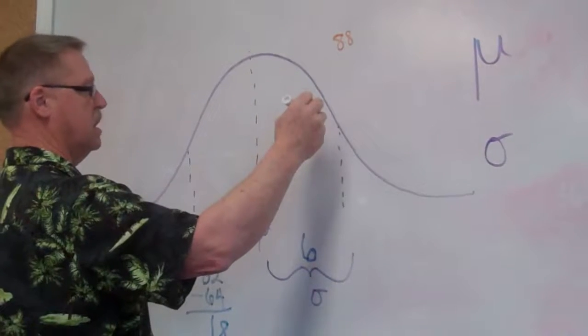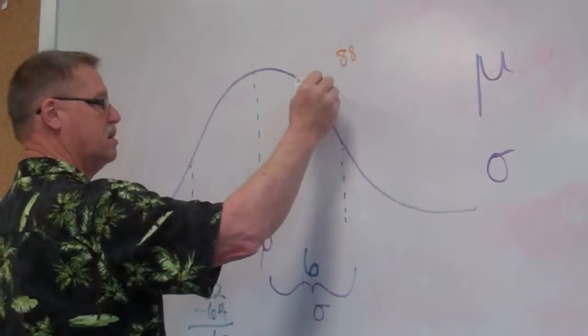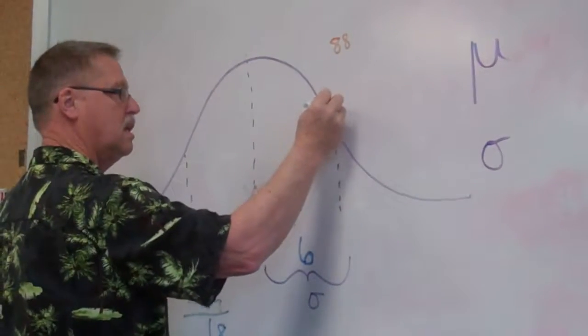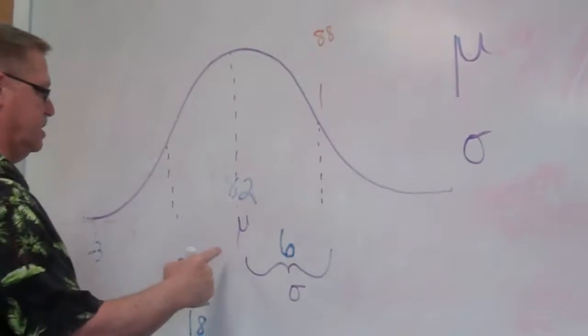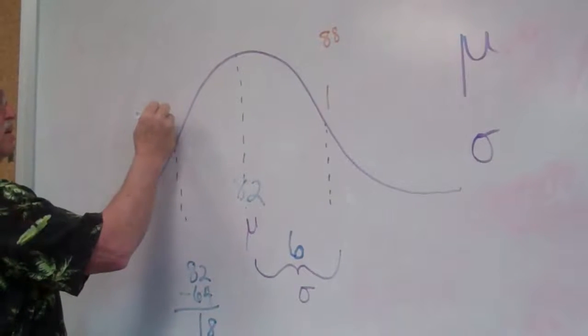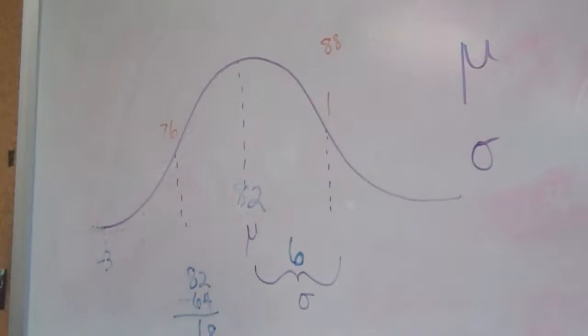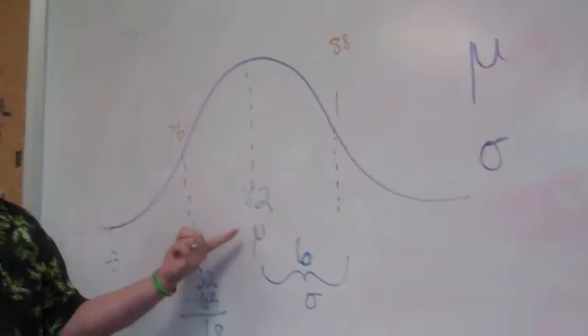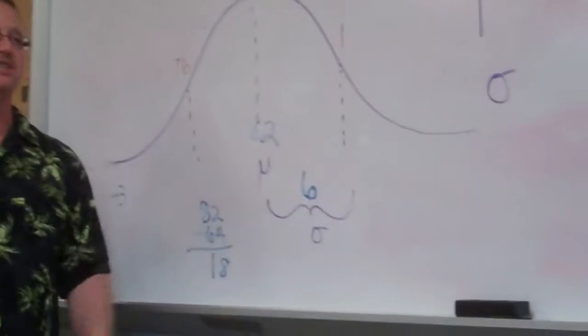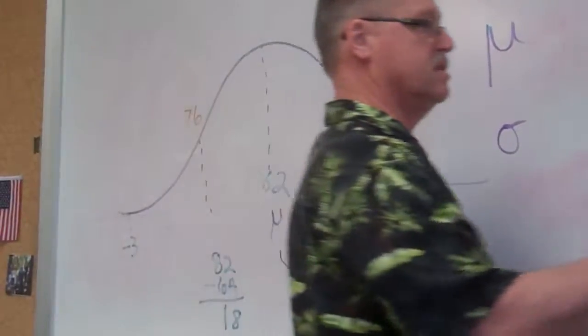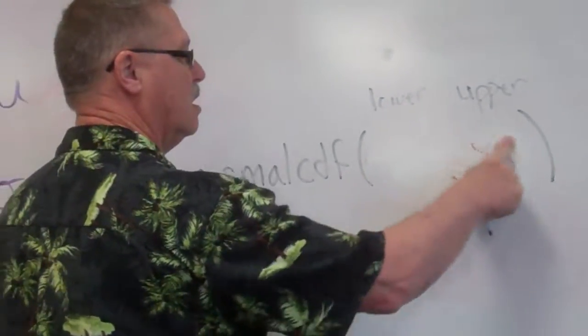I don't know, these are nice numbers. 88 is a z-score of 1. It's just 1 deviation above. And 76, I guess I don't need your help, because it came out nice and neat between a -1 and a +1 z-score. So my calculator is just going to put in -1 to 1.